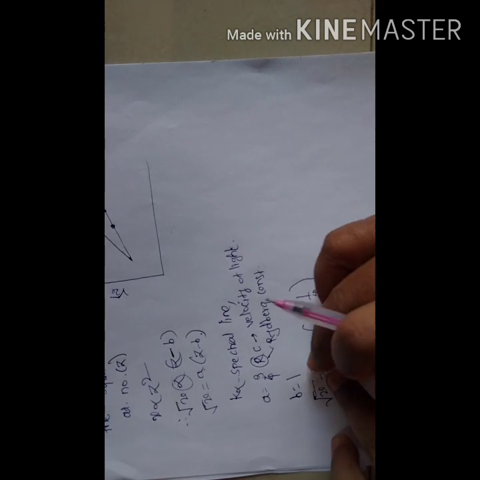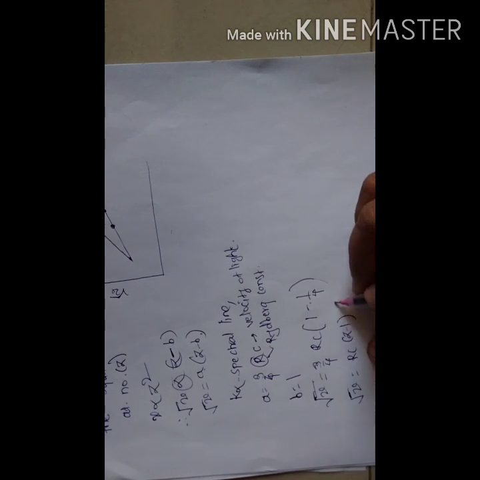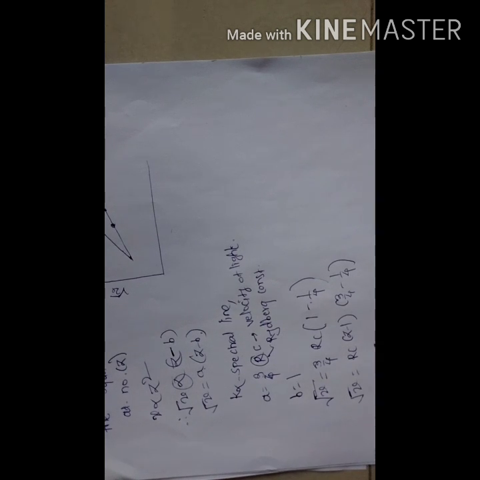Here this value I am considering, 3 by 4 minus 1 by 4, this will give Rc into bracket (Z minus 1) into 1 upon 1 square minus 1 upon 2 square.